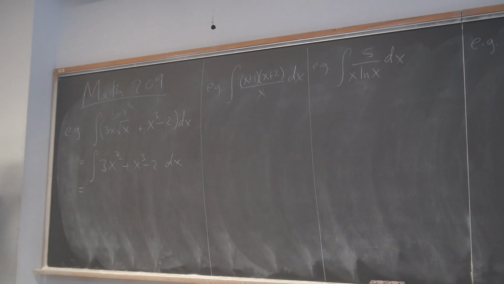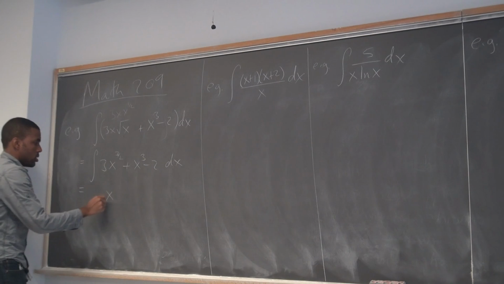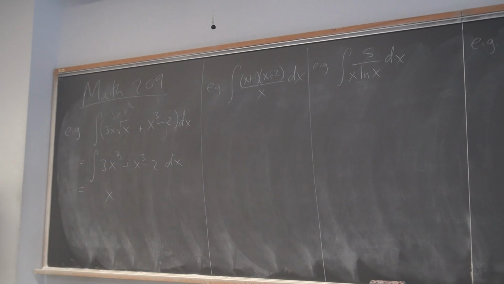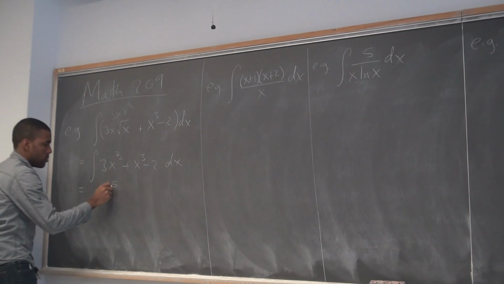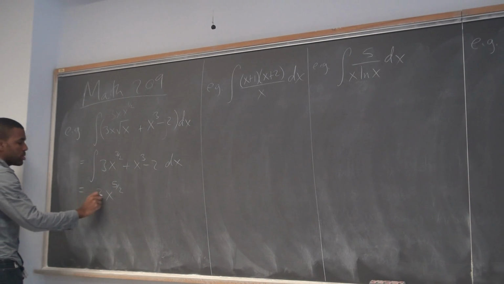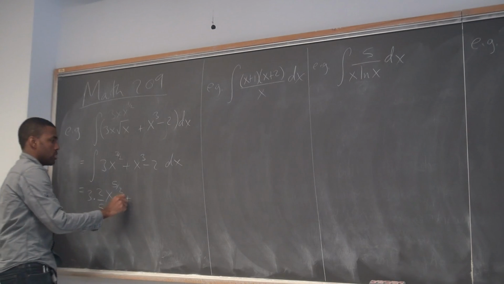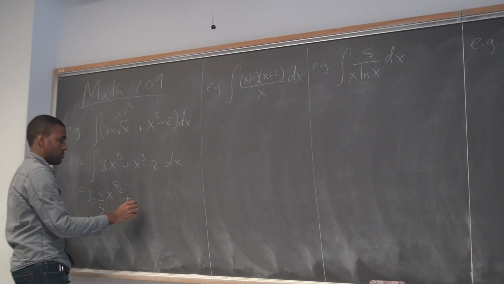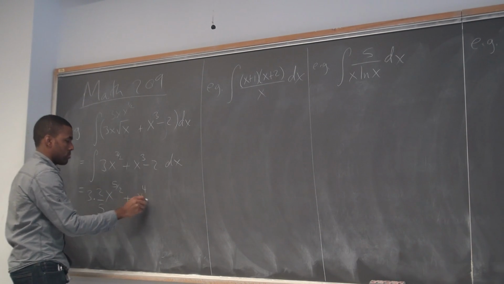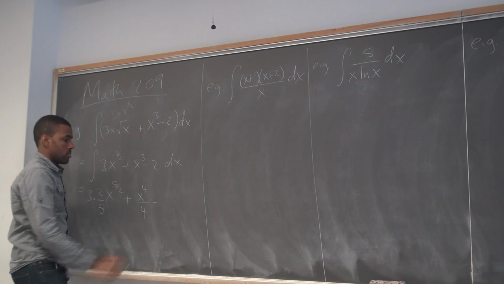And now what? Add 1 and divide by the exponent. Okay, so when I add 1 to 3 over 2, what do I get? 5 over 2. You divide by 5 over 2, same as multiplying by 2/5. And that 3 is here. And this one? x to the 4th over 4, minus 2x.